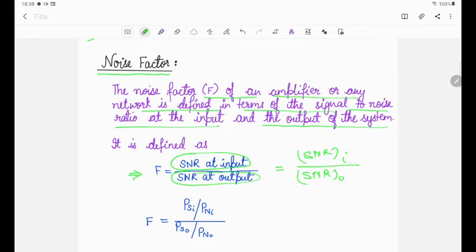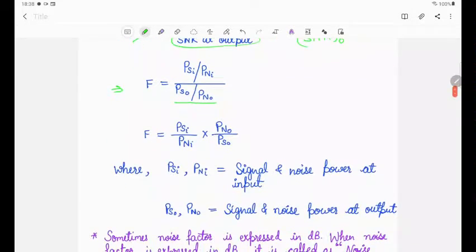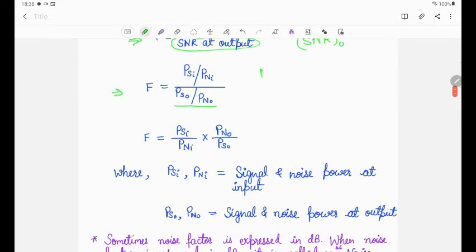Here I signifies input and O signifies output. So we can write F is equal to PSI divided by PNI, and the whole divided by PSO divided by PNO, where PSI and PNI are the signal and noise power at the input.